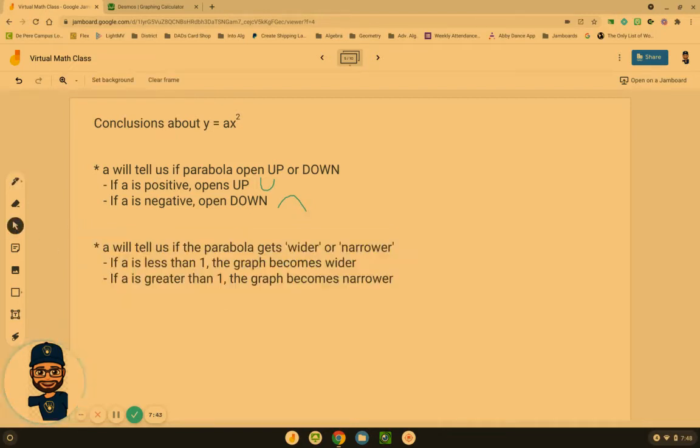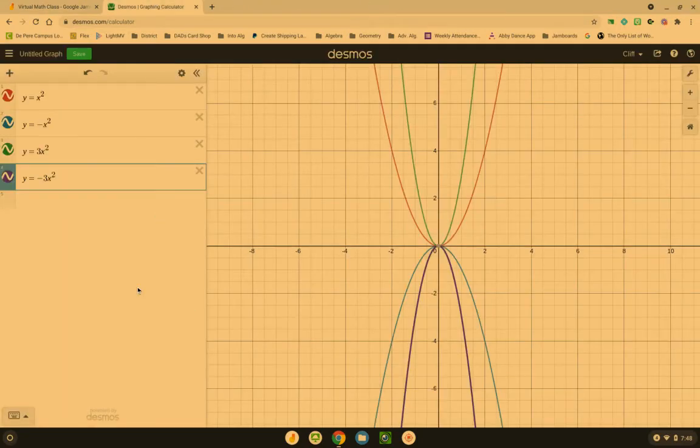The second piece that it tells us is whether or not the graph gets wider or narrower. Okay. Now, we haven't done one yet where the a value is less than 1. But we have done it where the a value is greater than 1, right? A value greater than 1, y equals 3x squared. That's greater than 1. What happened to the green?